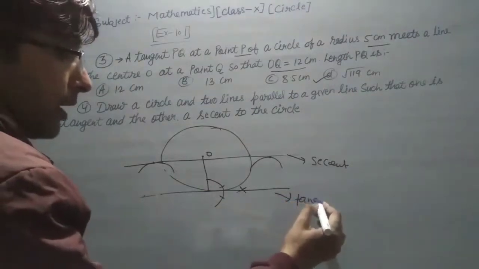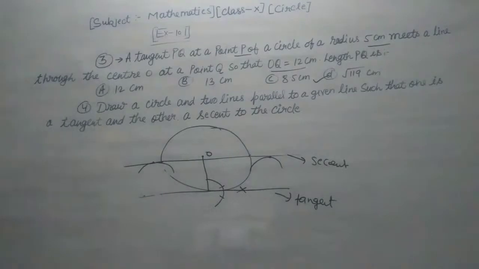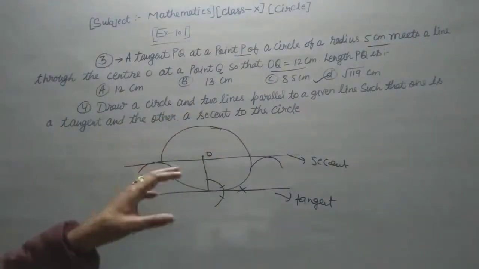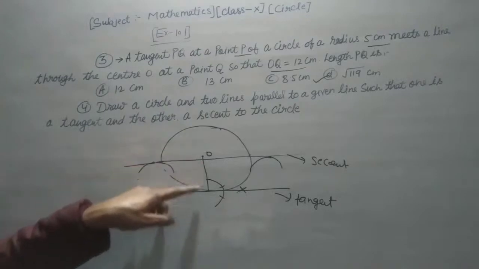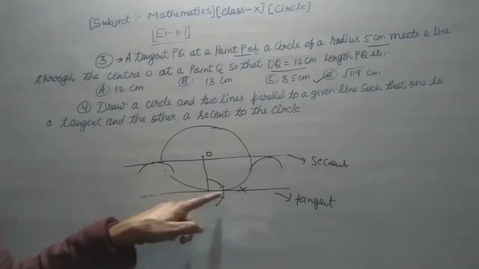Are you understanding how to draw these things? I repeat again, just see this. First of all, you have to draw a circle of any radius and draw this line. This is your radius, and at this radius you have to make the 90 angle with the help of compass.